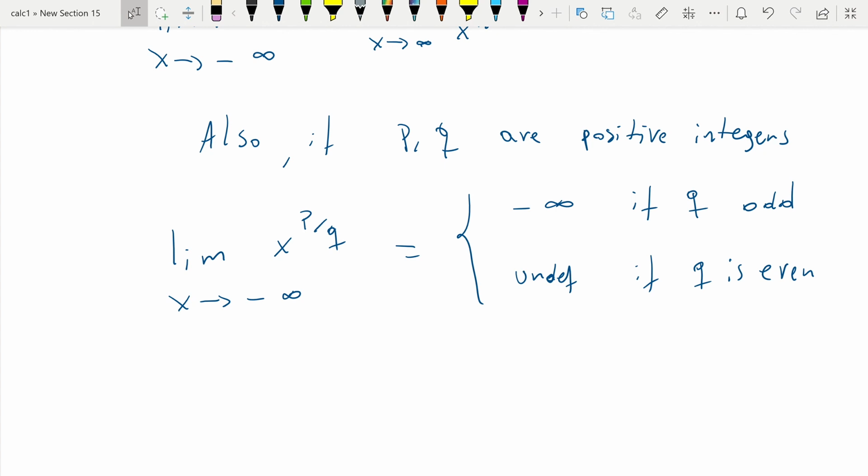Also, for the same reason, this is the remaining case that we need to talk about. If x is going to minus infinity, and if you're raising it to an irrational number, the way you usually do that is by approximating that exponent by some rational numbers. And since you always encounter both odd and even numbers, you will not be able to make sense of that.